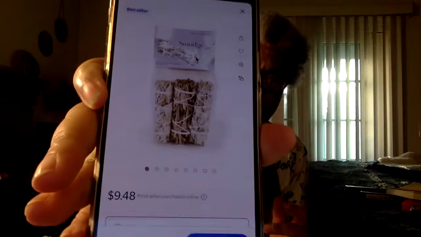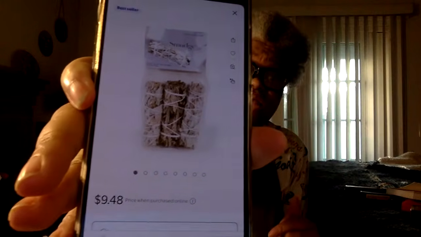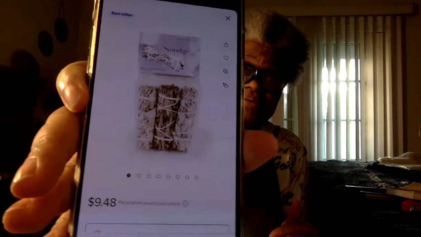Here it is. $9.48. I didn't pay that much at the time, but yeah.